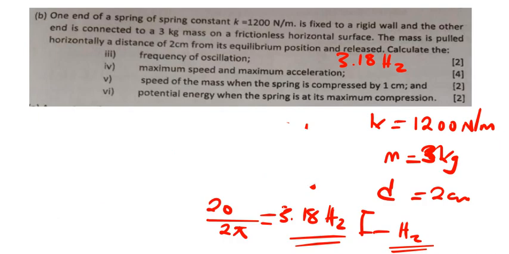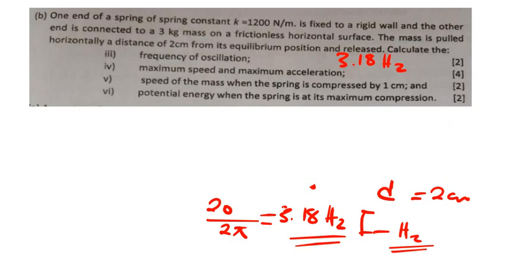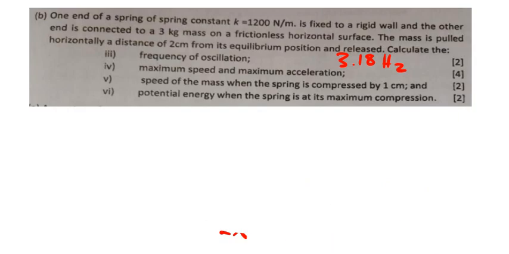Others have got this topic, others don't have it. This is a part where, if it is not part of your curriculum, you can jump or even speed up to the next question. Then B will try to find the maximum speed and the maximum acceleration. What will be the maximum speed?